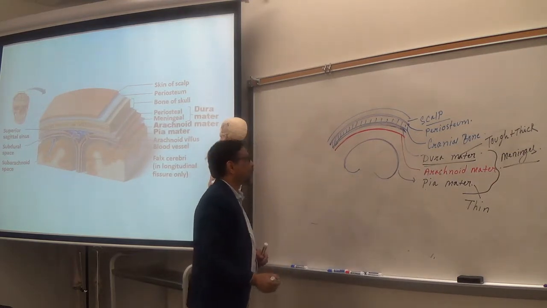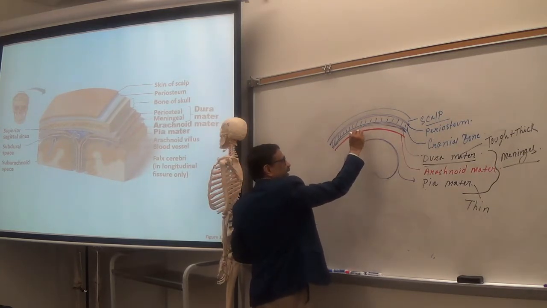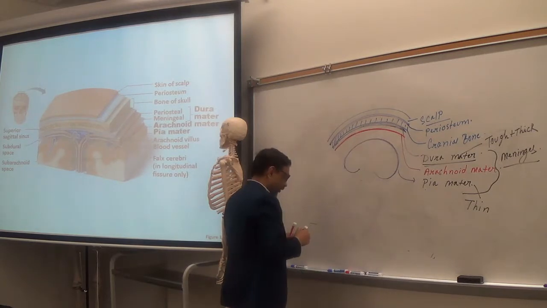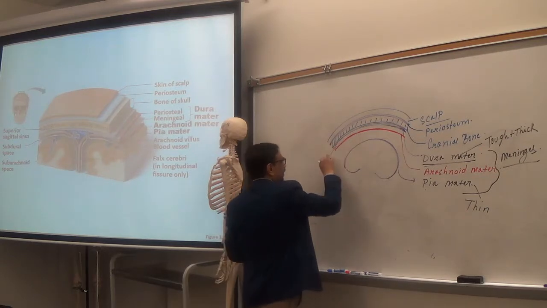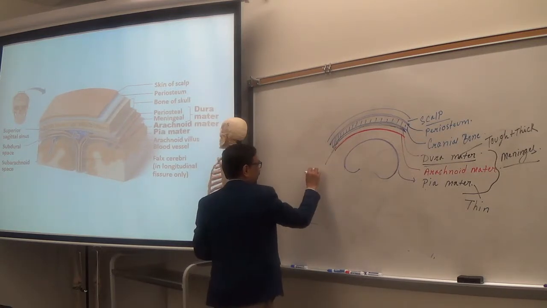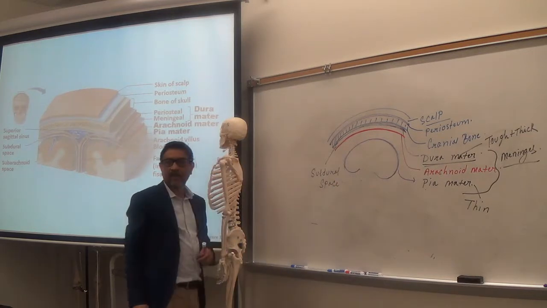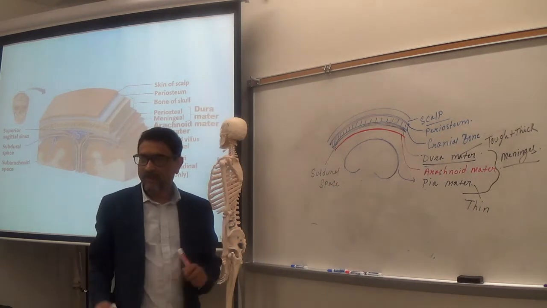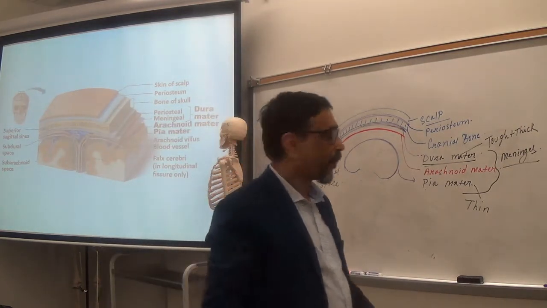Okay. Now, you see, between dura and arachnoid, you have a space that is called subdural space. Makes sense? Under the dura mater, that's why it is called subdural space. Sub means what? Under, below.